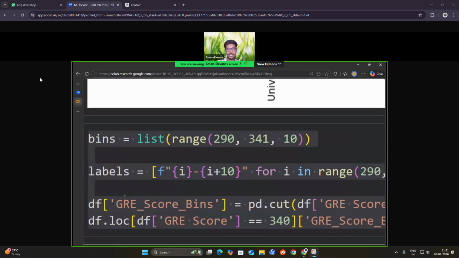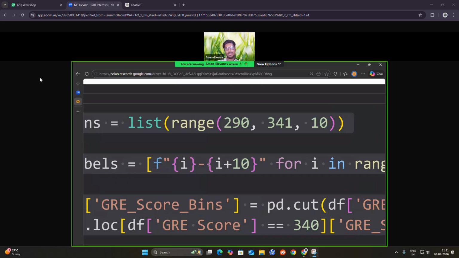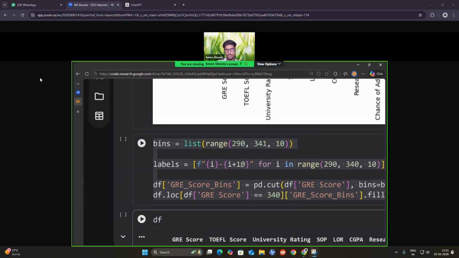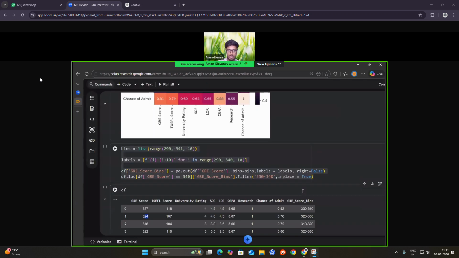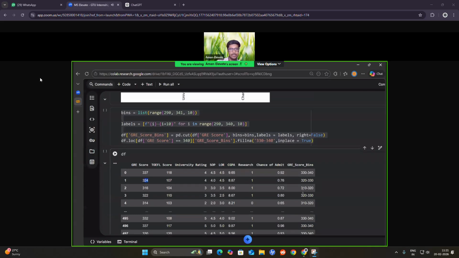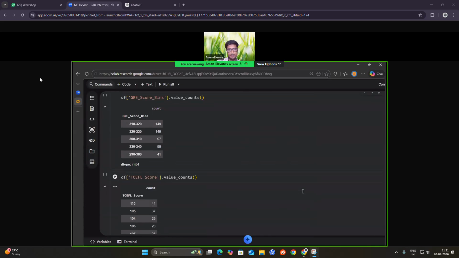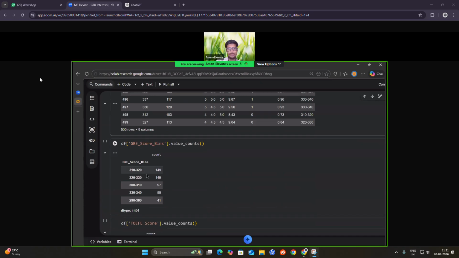You can see the function is fi plus fi plus 10. Whatever the range is, we are just adding 10, nothing more than that. We are just creating bins to better understand how well the data is distributed across different categories.